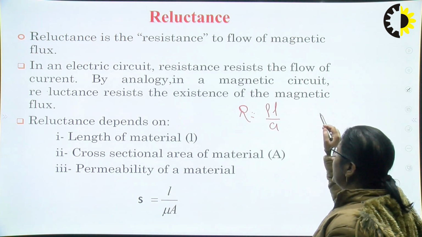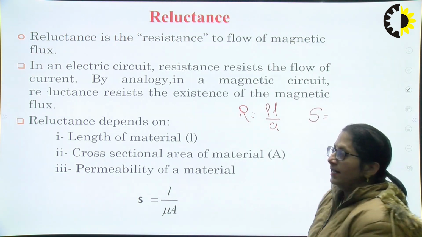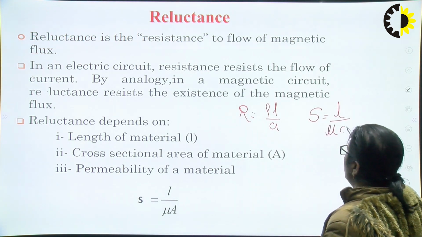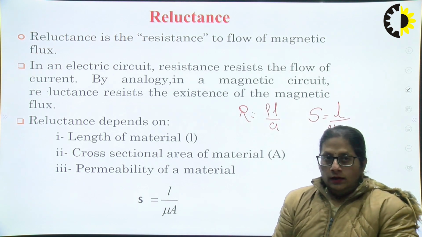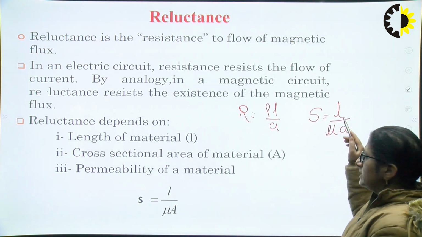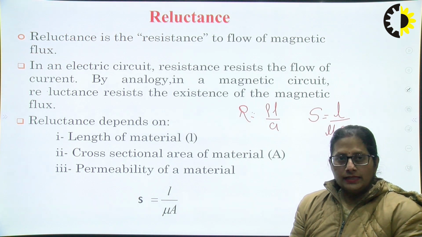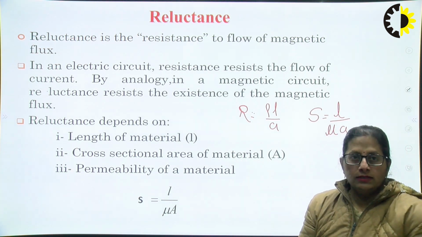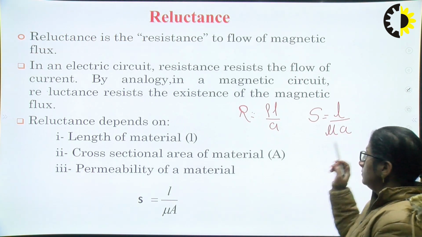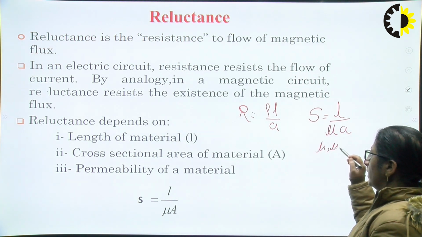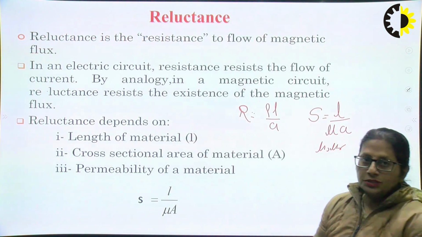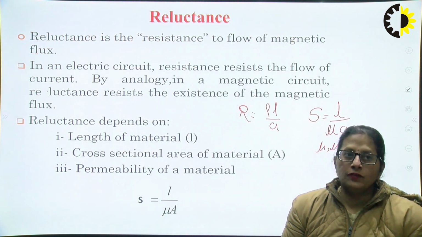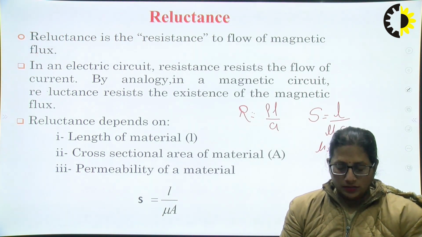Likewise, in case of a magnetic circuit, S can be given as L upon mu A, where once again L is the active length of the magnetic circuit, mu is the permeability of the magnetic material, which is given by mu naught mu r, and A the cross-section area. So it depends upon three things: length of the material, cross-section area of the material, and the permeability of the material.